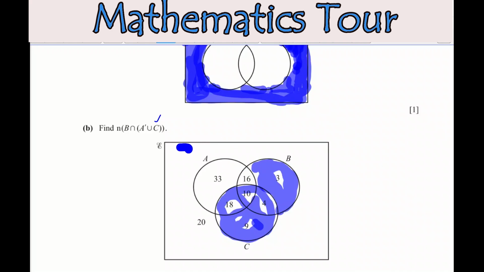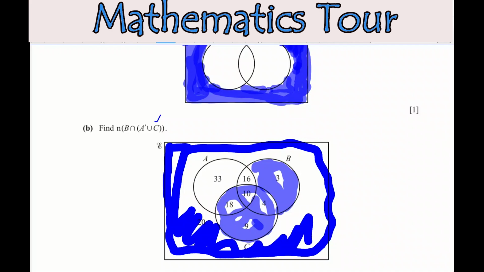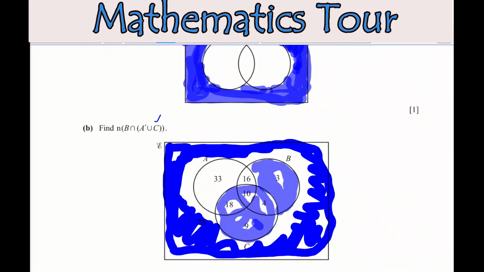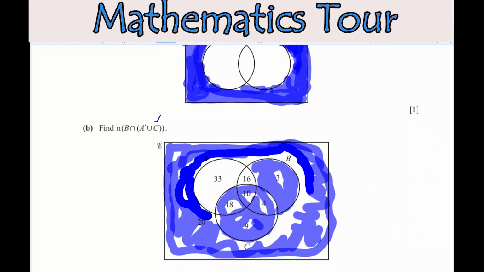Then I need to shade the whole of the rectangle that is outside the 3 circles. To make it faster, these are the regions that are not in A. That is part of B and the whole of outside the 3 circles.